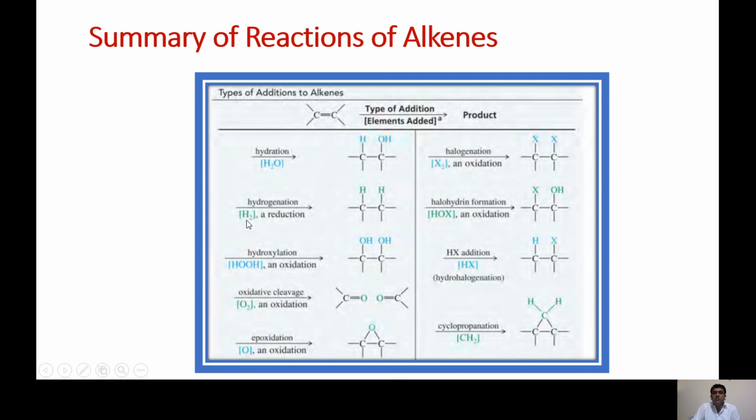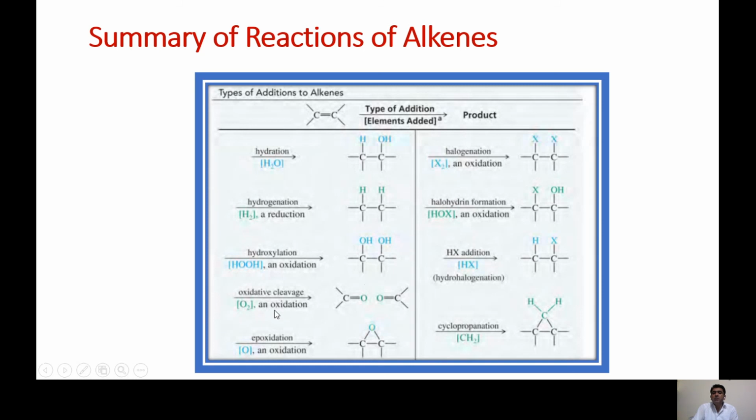Hydrogenation, addition of hydrogen, one hydrogen to one carbon and the second hydrogen to the second carbon, gives alkane. Hydroxylation means if we add KMnO4, we get the diol. We did not discuss this reaction here, as that was given in 10th class, reaction with KMnO4. We get the diol, meaning two OH groups attached to adjacent carbons. That is called hydroxylation.